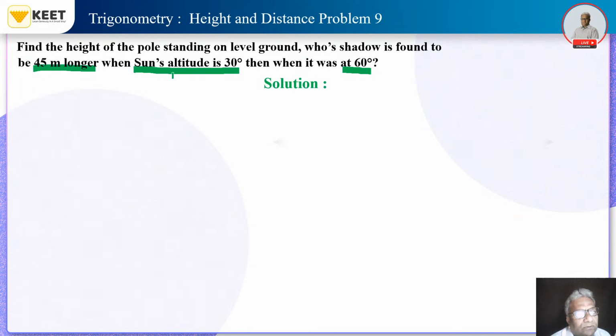First, the solution. We are drawing a ground level. On the ground level you will have a pole, because the object given to us in the question is a pole. So definitely this pole will make a 90 degrees angle with the ground. Now the first position of the sun, with the angle of 60 degrees.